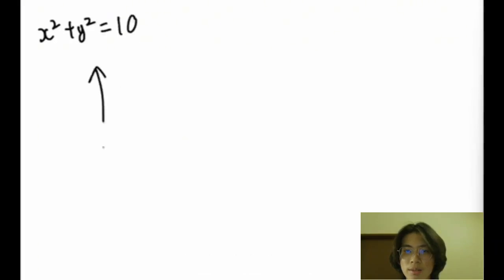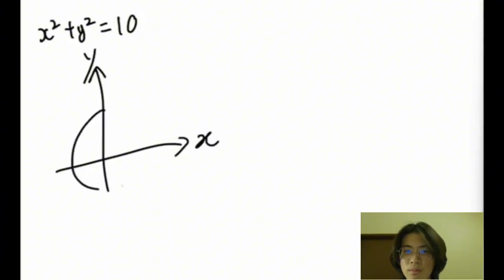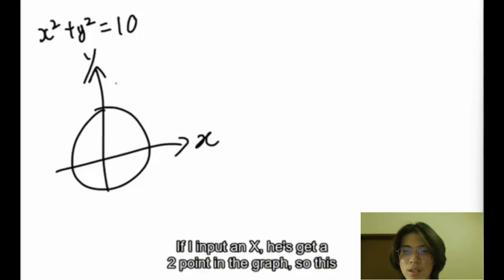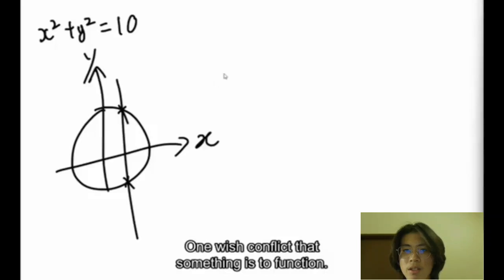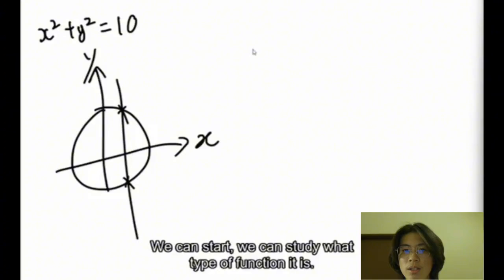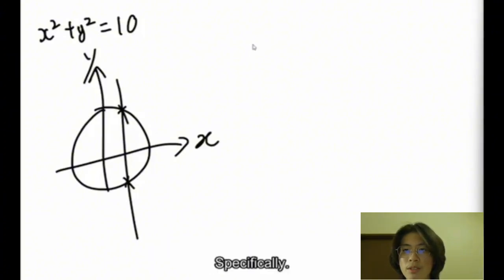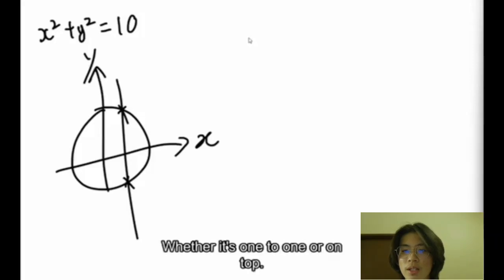In the graph, it is a circle, but if I input x, I get 2 points on the graph, so this is not a function. Once we confirm that something is a function, we can study what type of function it is, specifically whether it's one-to-one or onto.